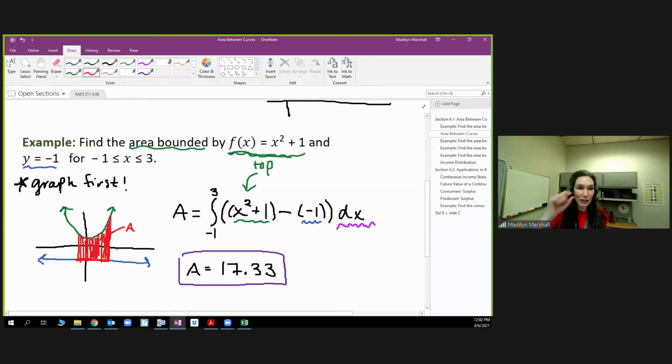But the height is changing along this whole interval. But the height at any point is given by that top curve minus the bottom curve. So it's still the same sort of sense of what area means for a rectangular shape, but we're adding this possibility of having curvy parts.